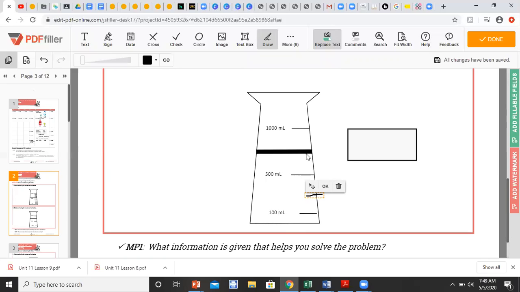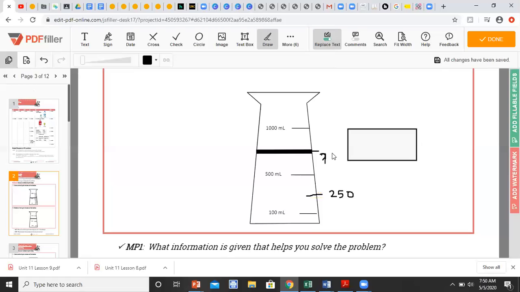When I look at this one, the line appears to be at 250 as well. I'm sorry, another 250. So if this is 250, I'll show you what I'm going to do here. So that's 100, 250, 500. This would be 750.